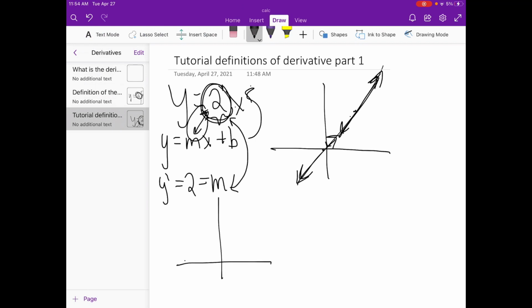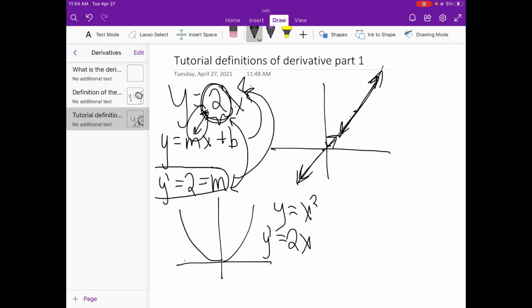Cool, right? Now, how is this different from our last video, where we did something with the parabola? Notice, when we took the derivative of y equals x squared, we got 2x. Well, here you got a constant when you took the derivative of 2x.